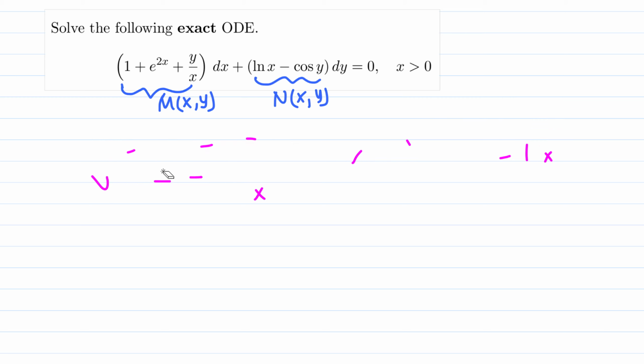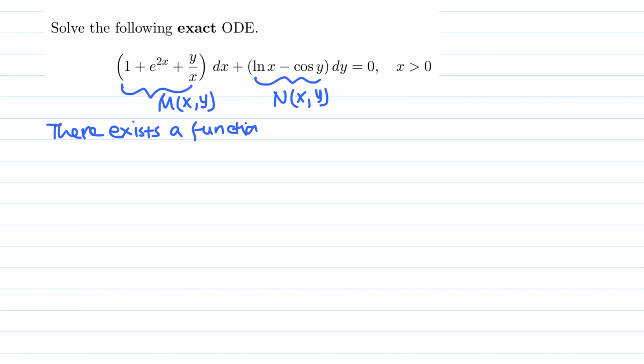Anyway, this differential equation is given exact. Now we need to find the solution. From the definition, when this is exact, there exists a function, let's say uppercase F as a function of x, y, such that the partial derivative of F with respect to x gives M, which is 1 plus e raised to 2x plus 1 over xy.